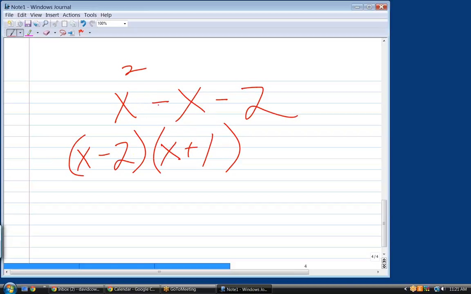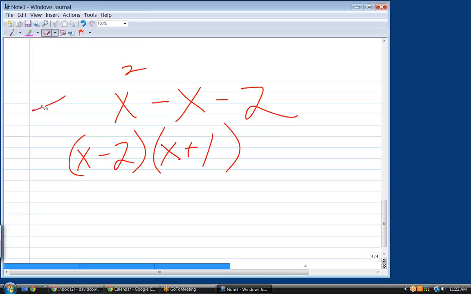Well, the trick with factoring is to start with what the answer is and break it apart into two linear terms. This is linear because the x only has an exponent of 1. Same thing with this. This is a quadratic, meaning that the largest degree exponent is 2, not 1.